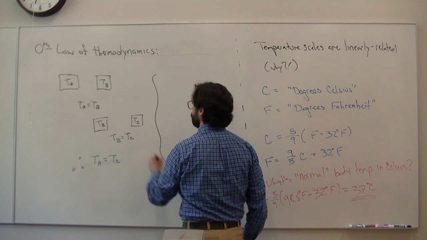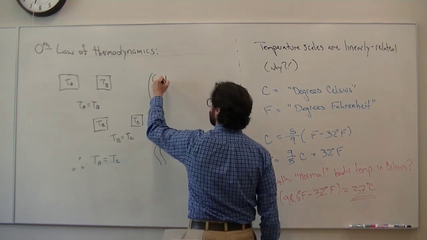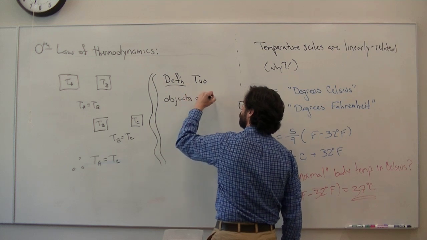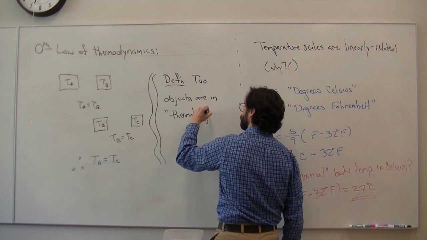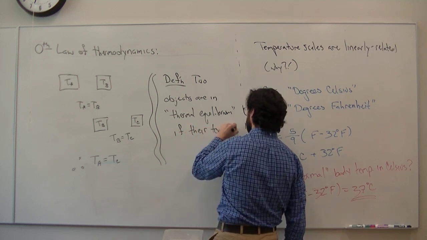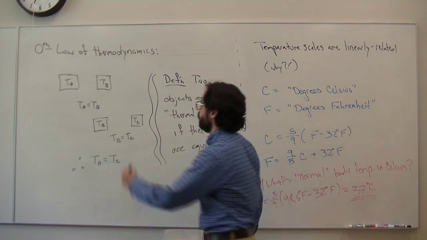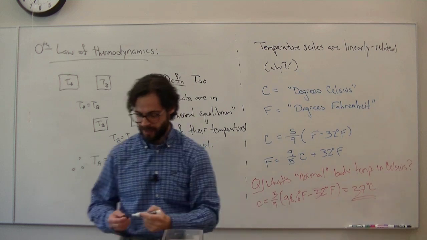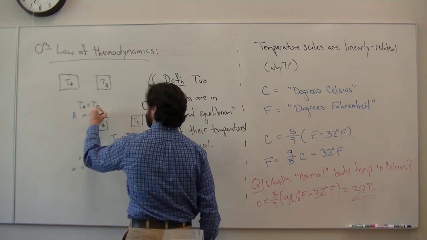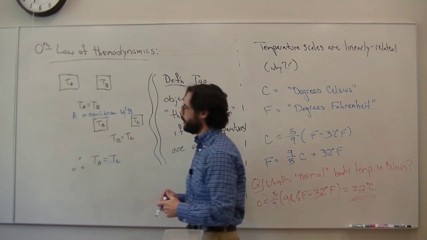So what this means from a practical point is that we'll define what's called thermal equilibrium, and we'll say 2 things are in thermal equilibrium if their temperatures are equal. So what the 0th law really says is that if A is in equilibrium with B and B is in equilibrium with C, then A is in equilibrium with C. And already I'm using the shorthand that we use in thermo.